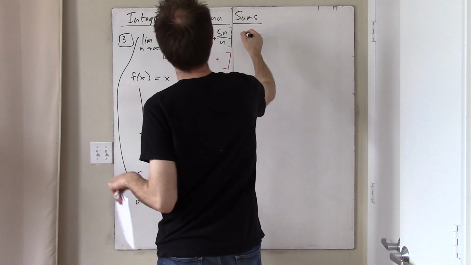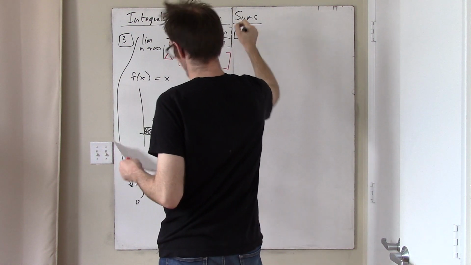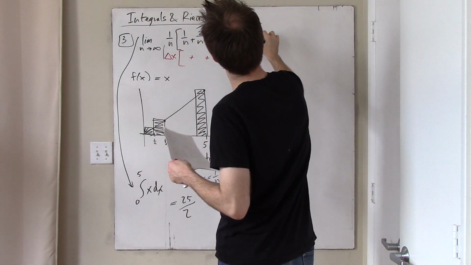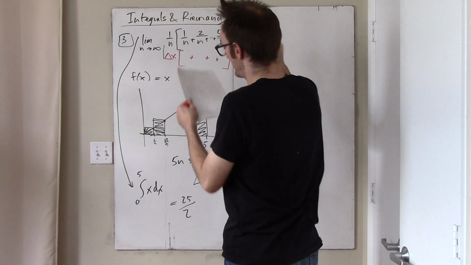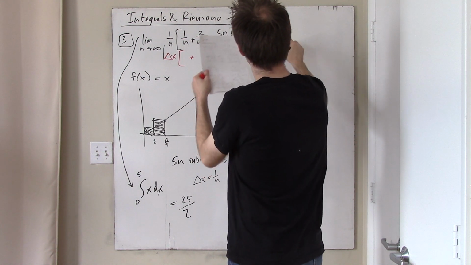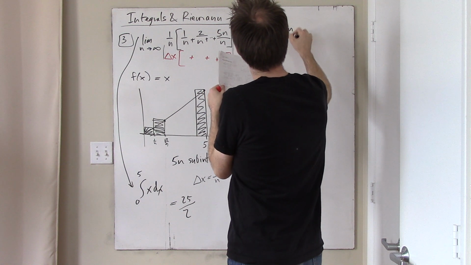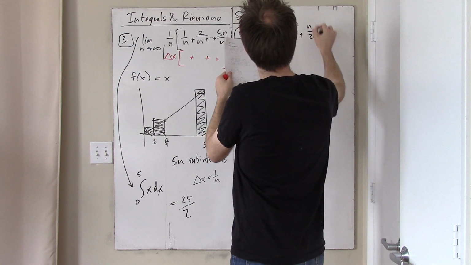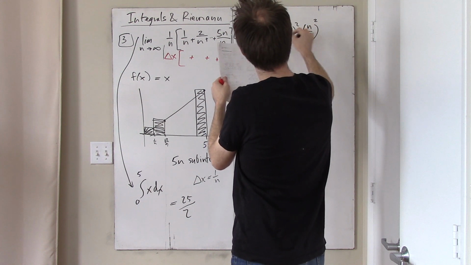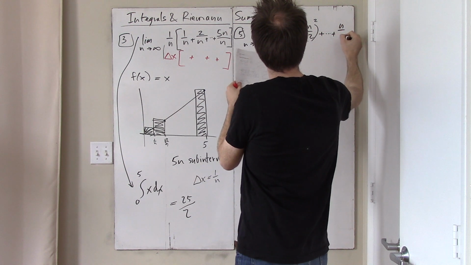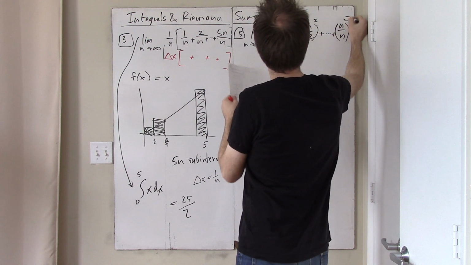Okay, good. Let's do 5. 5 is kind of a typo, or maybe it's a bad thing. I don't know what to say about it. Let's just do it. The limit as n goes to infinity of 1 over n times, and now here's my Riemann sum: n over 1 squared plus n over 2 squared plus all the way up to n over n squared.